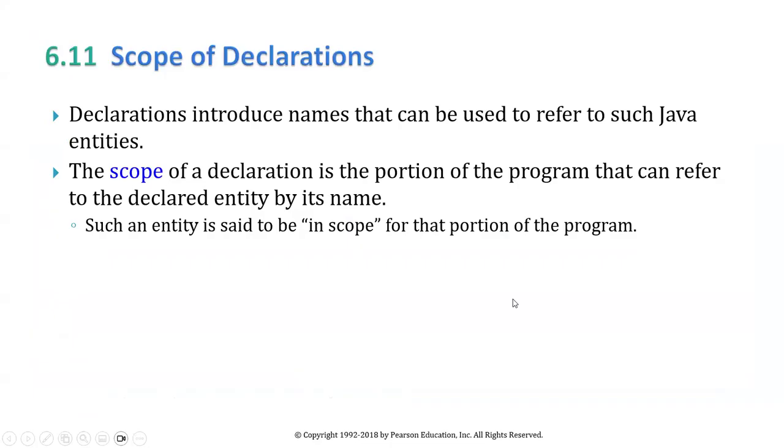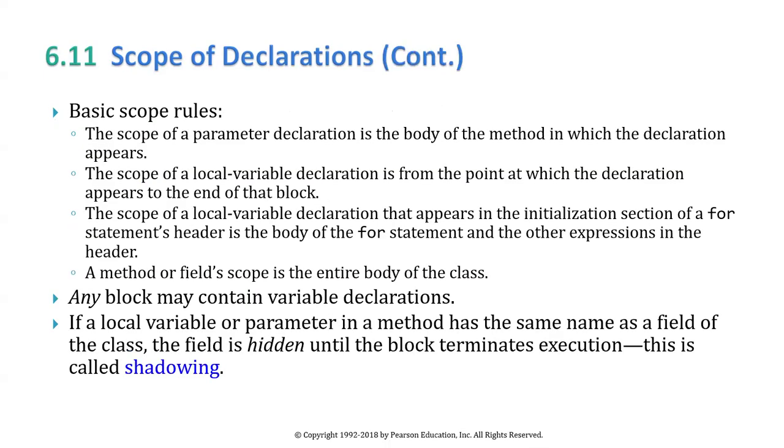Okay, here for the declaration of scope, let's recall something. Declarations introduce names that can be used to refer to Java entities. The scope of a declaration is the portion of the program that can refer to the declared entity by its name. Such an entity is said to be in scope for that portion of the program. The basic rules: the scope of a parameter declaration is the body of the method in which the declaration appears. The scope of a local variable declaration is from the point at which the declaration appears to the end of the block.